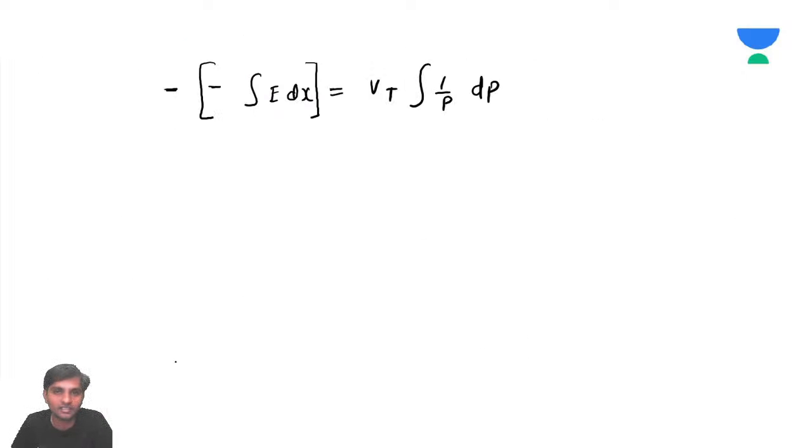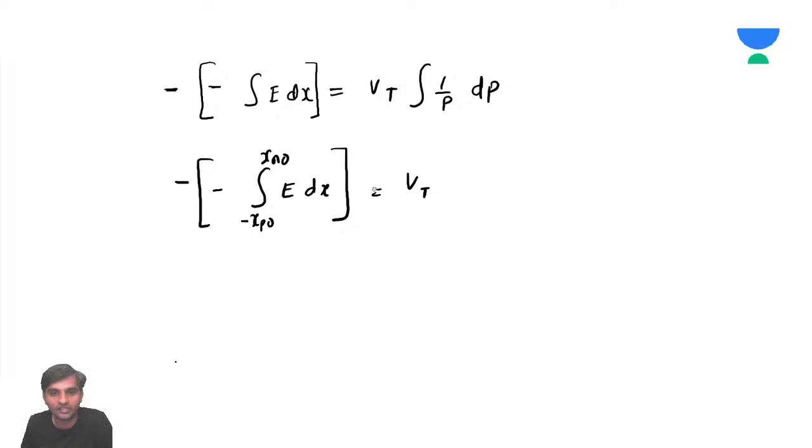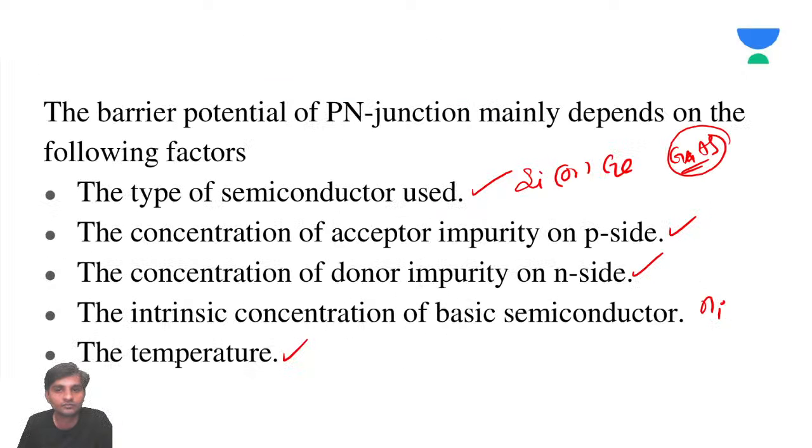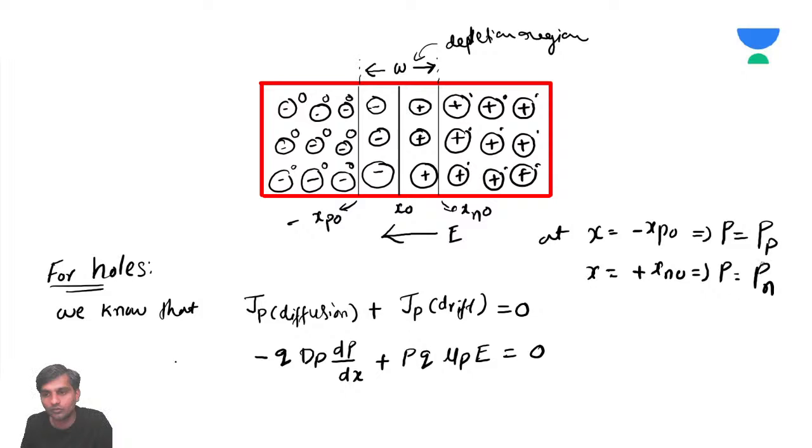So if you go back and see here, the limits are going to be minus xp naught to xn naught, E dx is equal to Vt into the integral of dp from pp to pn.